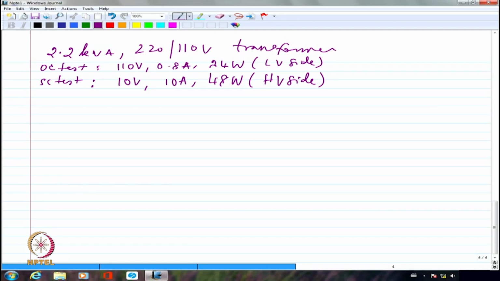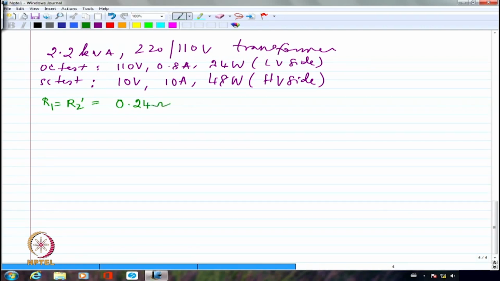So, I think I will not calculate this. You guys will be able to calculate. I will only write the values. R1 and R2 dash, both of them we are getting as 0.24 ohm. And this is probably from the HV side.